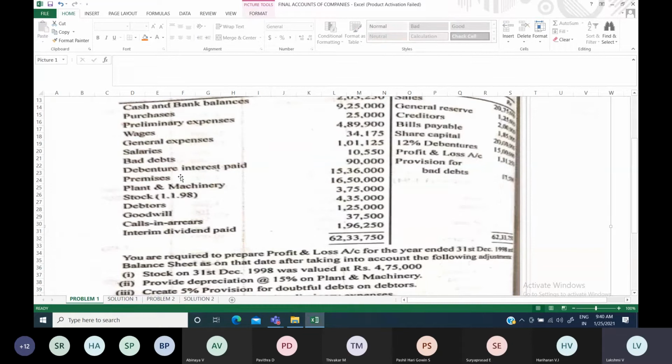Next, moving to debenture interest paid.